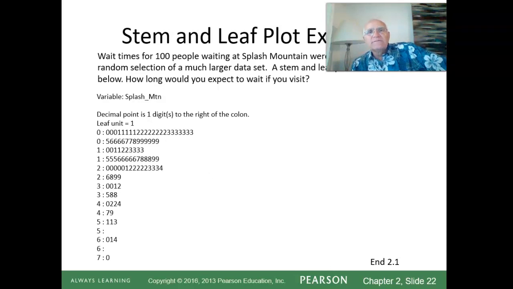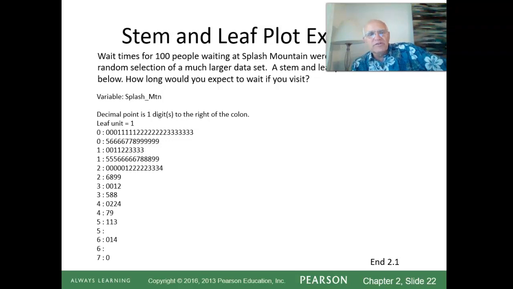All right. This was another example, wait times at Splash Mountain. Recorded, how long do people have to wait, and there you see it. Some people didn't even have to wait at all. In this particular stem and leaf plot there's a lot of data, 100 observations, so it was put in units of 5, like we talked about on the previous chart.